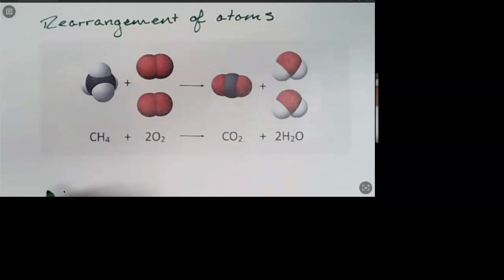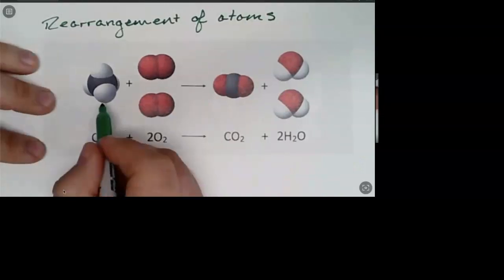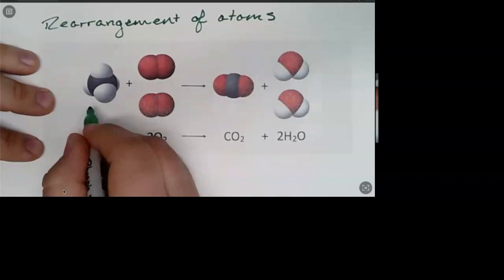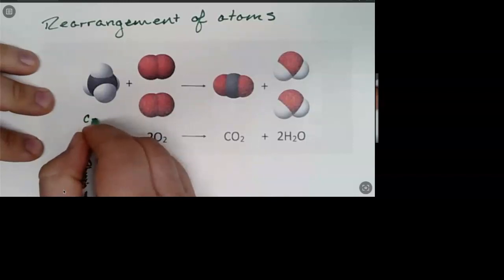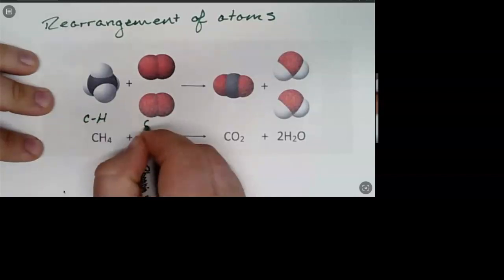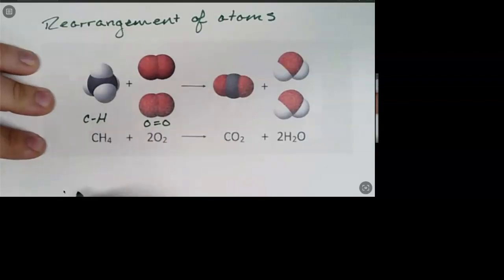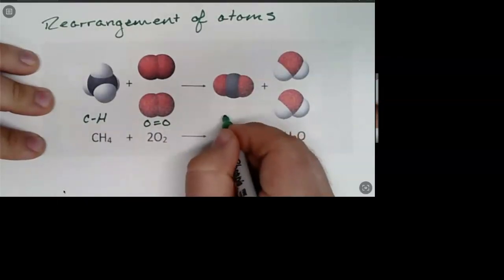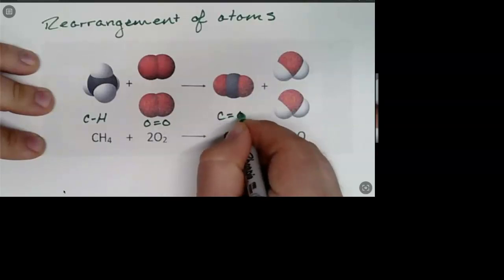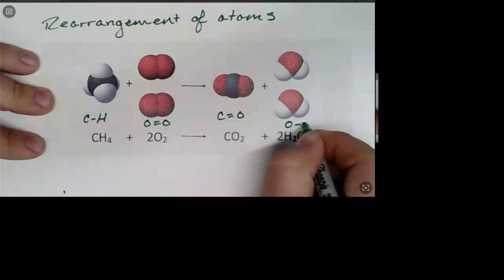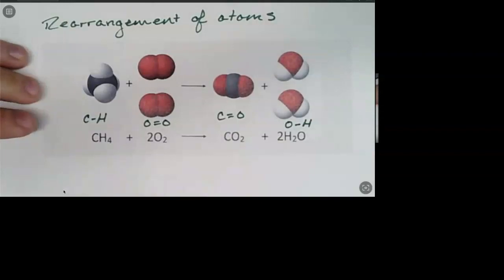In this case, we have carbon bonded to hydrogen, and we have oxygen bonded to oxygen. However, over here on the other side, we have carbon bonded to oxygen, and we have oxygen bonded to hydrogen.